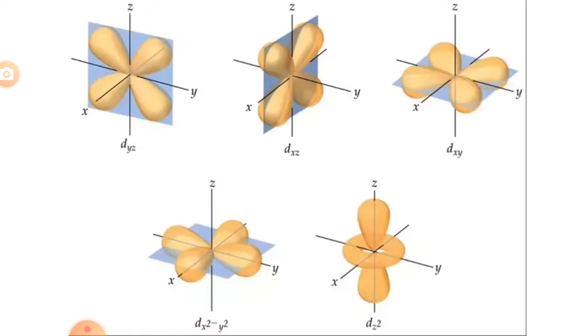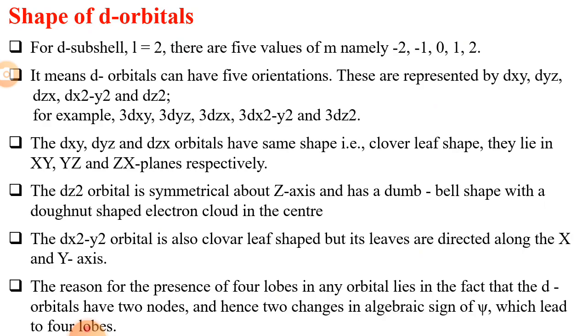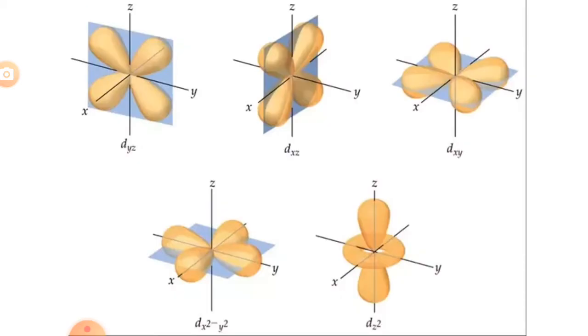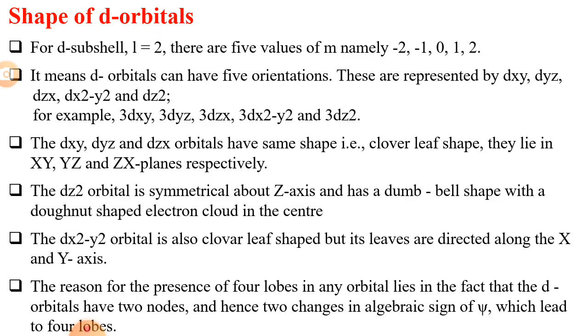So in this picture we can see 3 orbitals, dyz, dxz and dxy, having the same shape, or these 3 orbitals are similar, and they lie in the xy, yz and xz planes respectively. The lobes are placed in between the axes.